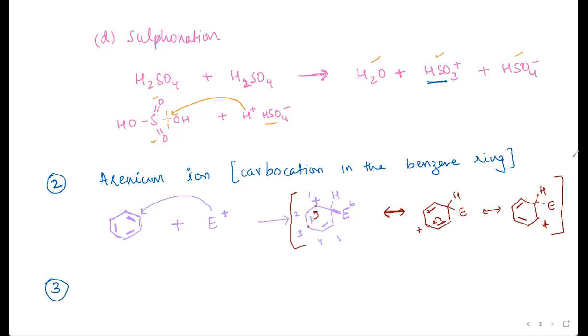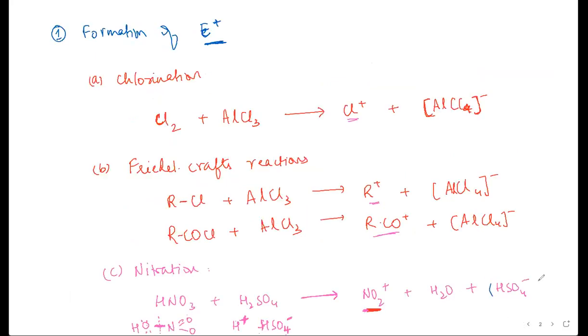And also when the electrophile is formed, we also had extra negative ions that have formed. So in the case of nitration and sulfonation, we've got this HSO4 minus, right? And in the case of chlorination and Friedel-Crafts reaction, we've got this AlCl4 minus.